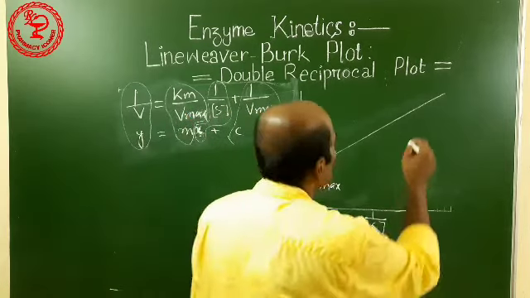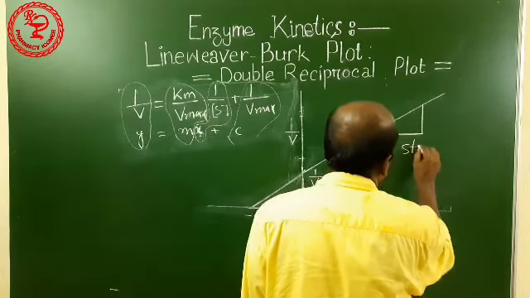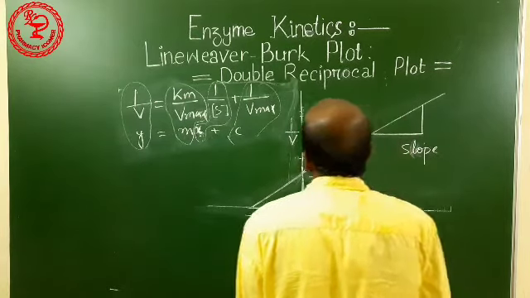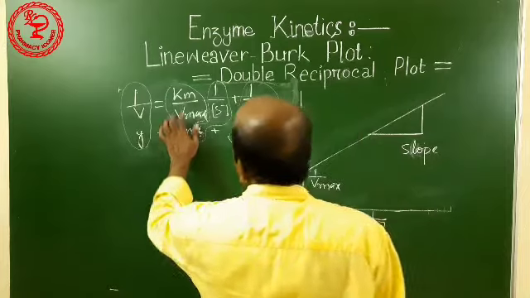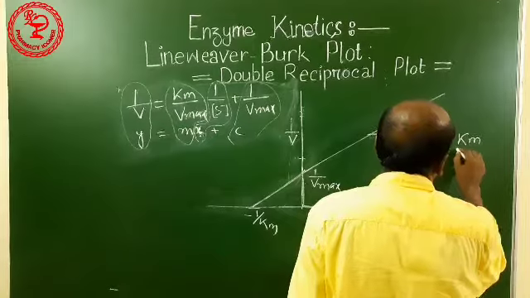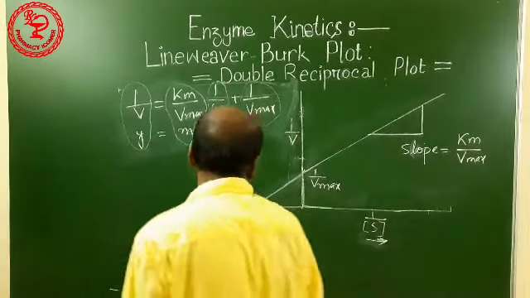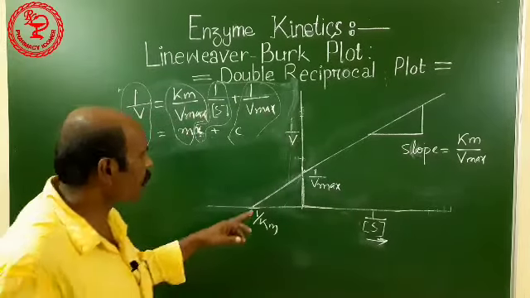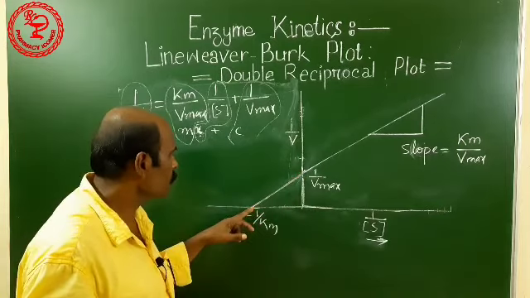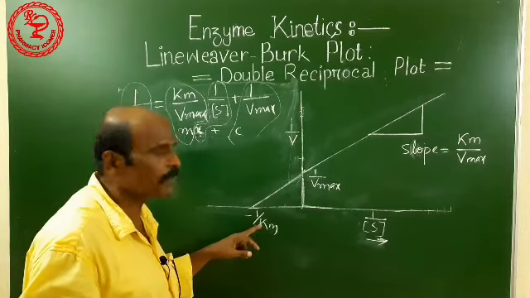The slope of this line is m, Km by Vmax. So it is clearly seen from this graph that the intercepts are 1 by Vmax and minus 1 by Km.